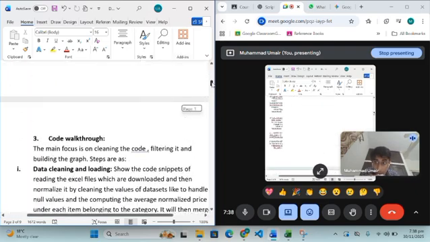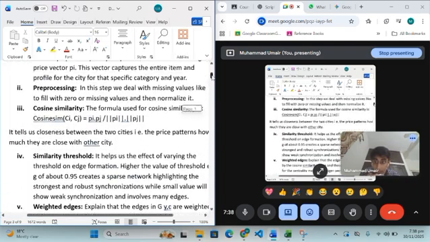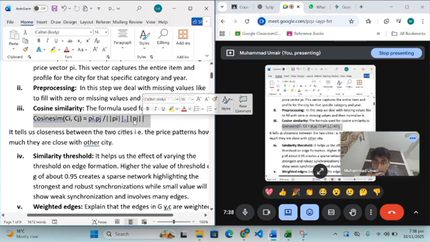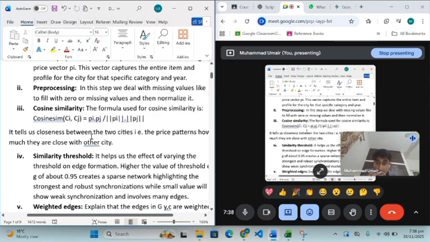After that, I used the cosine similarity technique, for which the formula is given. It basically tells how closely a city is related to another city in terms of price vector. A similarity threshold is also set.